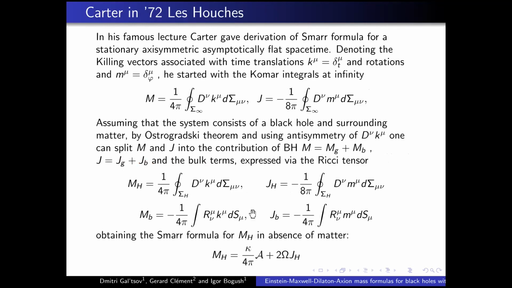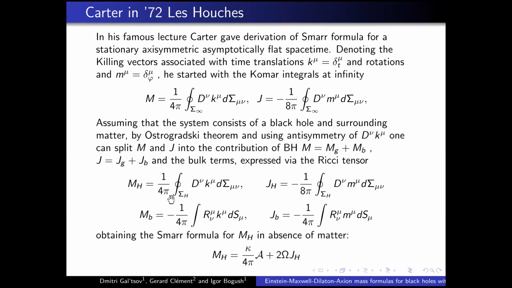And then the big progress was made by Carter in this direction in a famous lecture in the Les Houches school. And he started from the common definition of asymptotic masses at infinity.